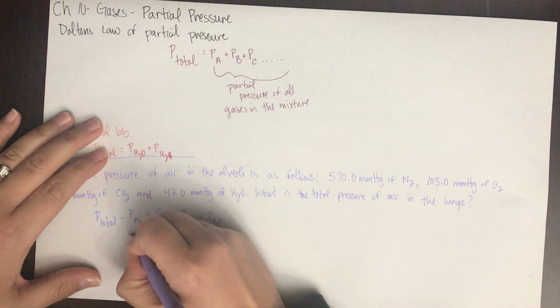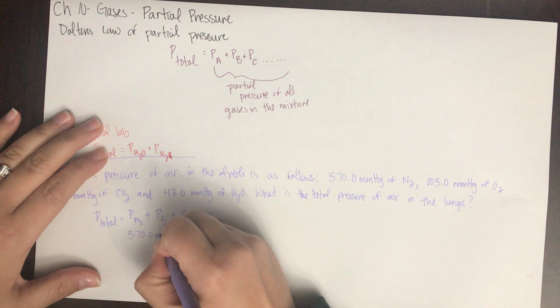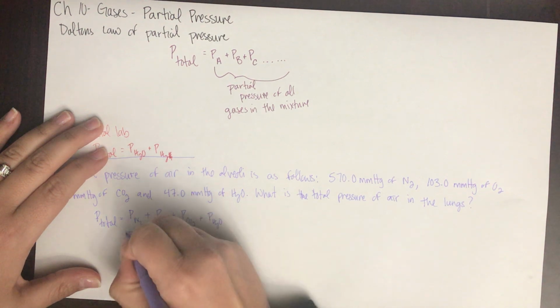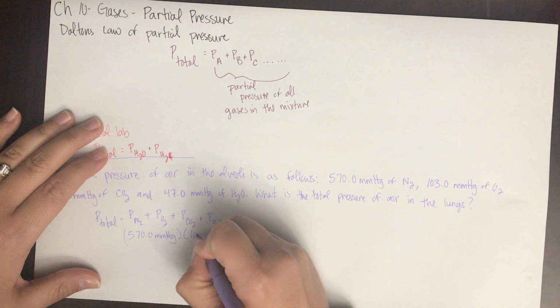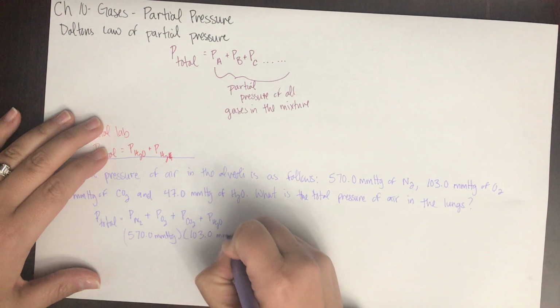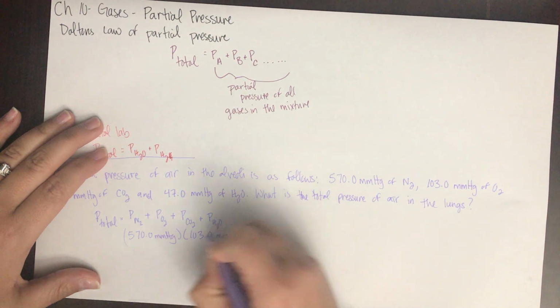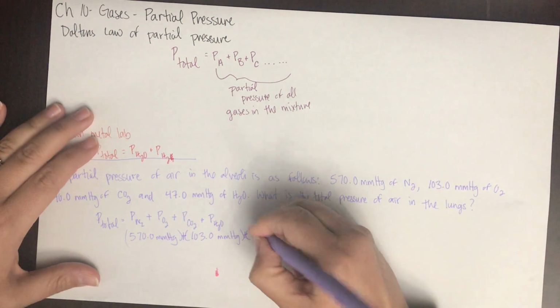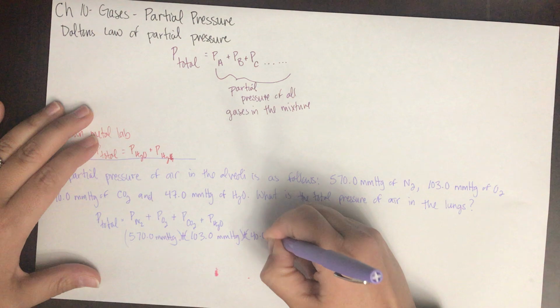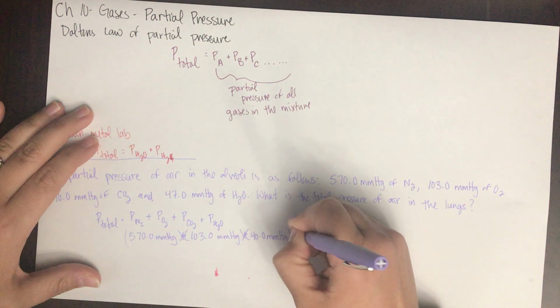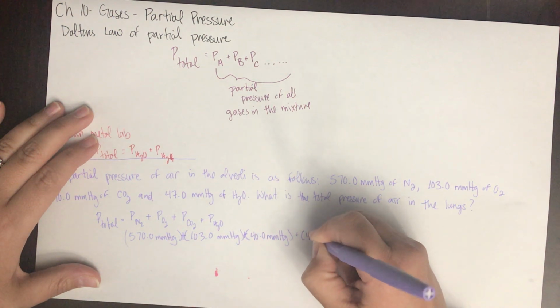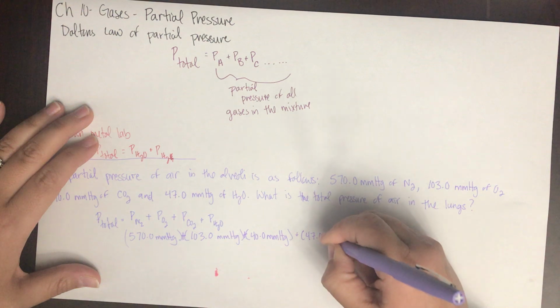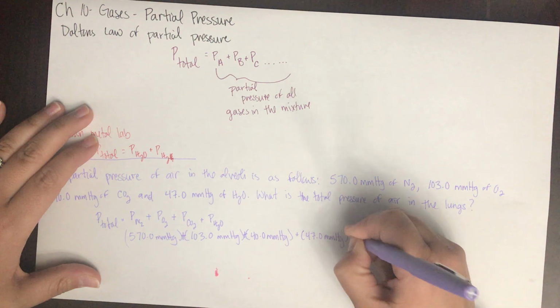So we're going to say 570 millimeters of mercury plus 103.0 millimeters of mercury. Whoops, plus. These are pluses here between these parentheses. Plus 40.0 millimeters of mercury plus 47.0 millimeters of mercury.